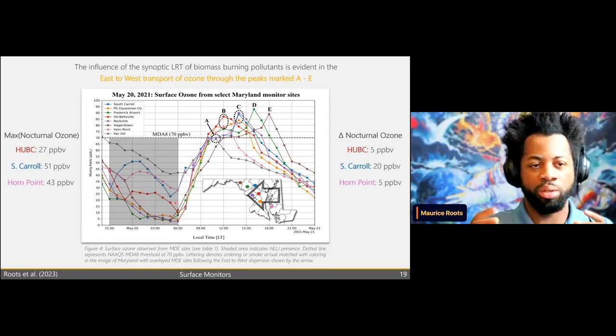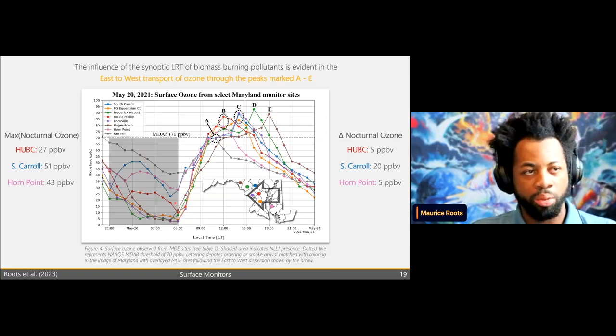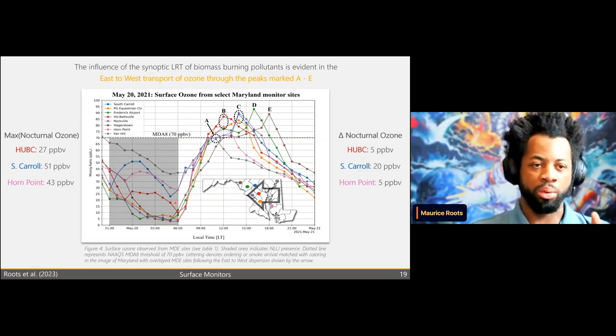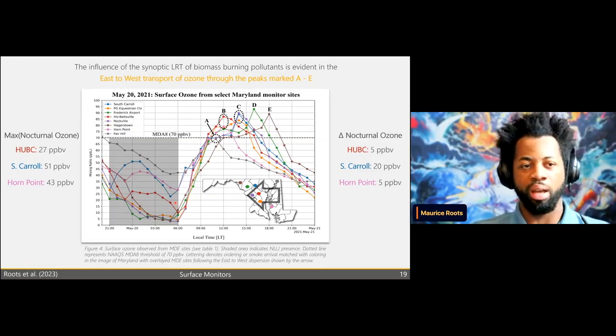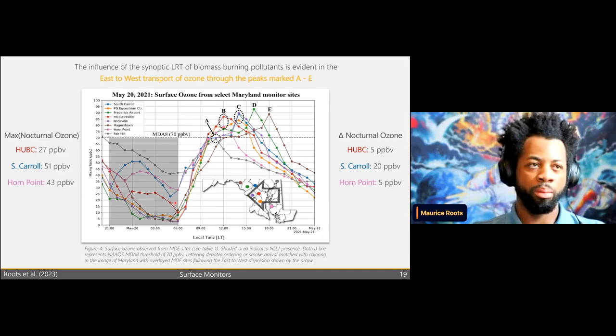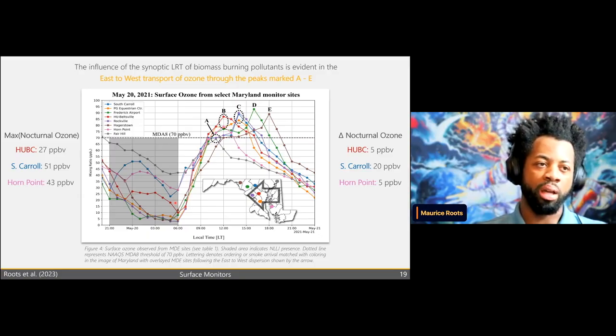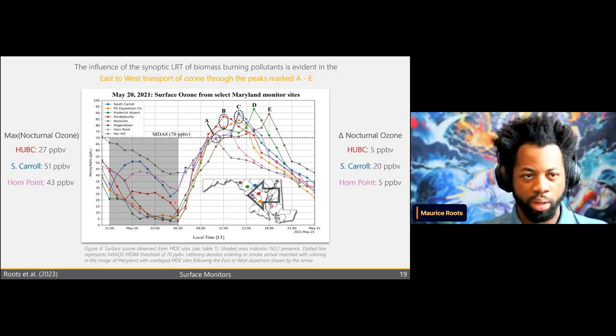As I mentioned before, those are your nitrogen oxides and volatile organic compounds, which in different ratios create ozone, and that's a predominantly photochemical process.